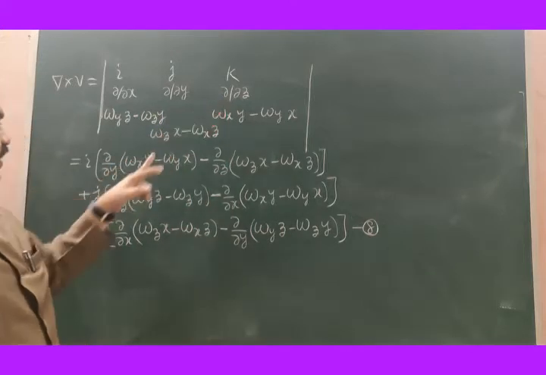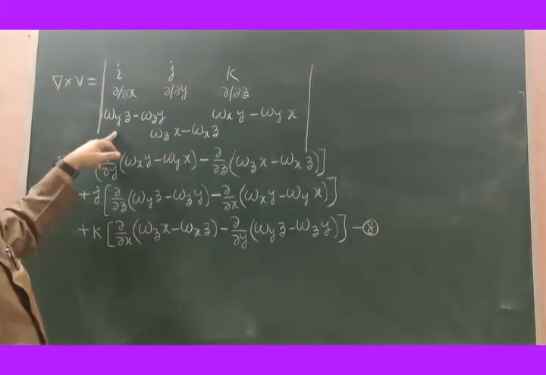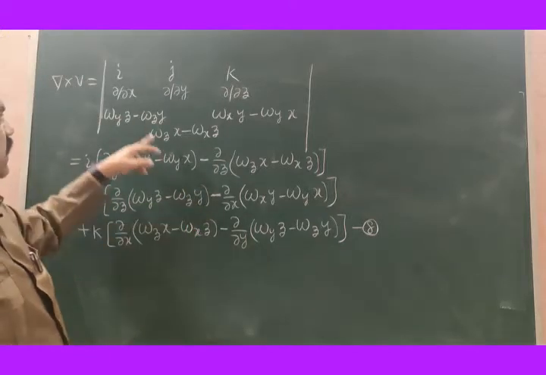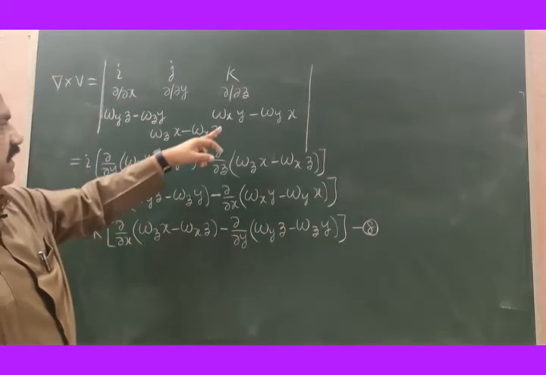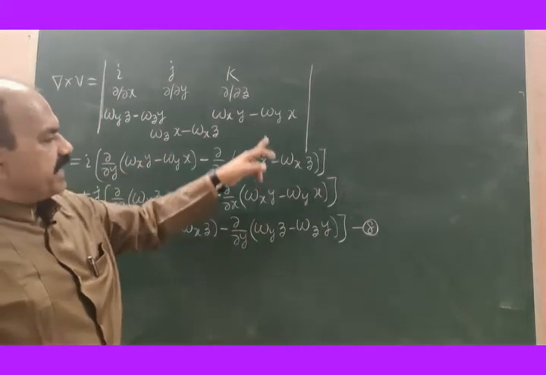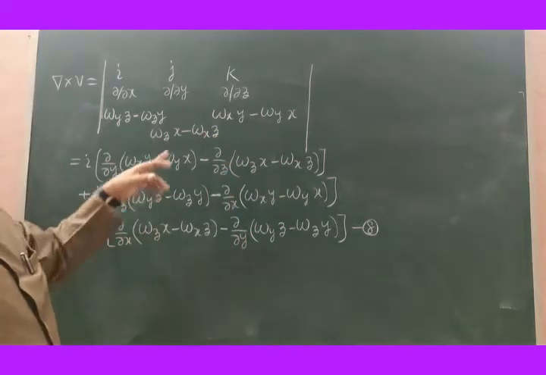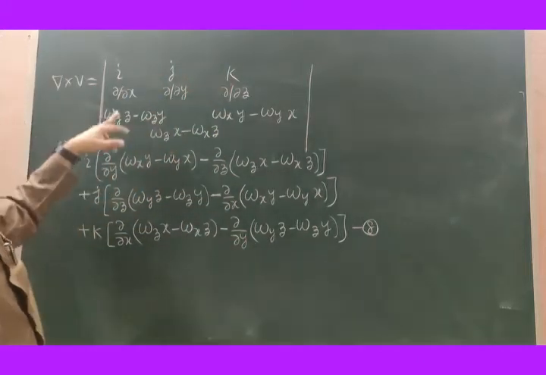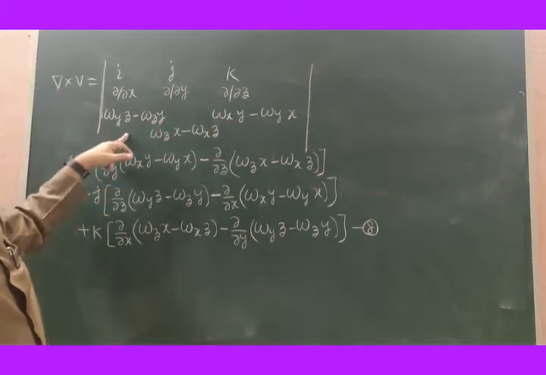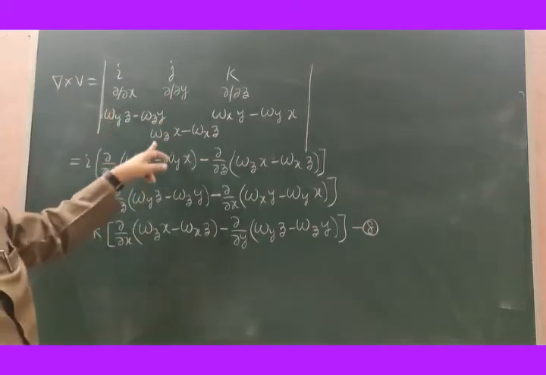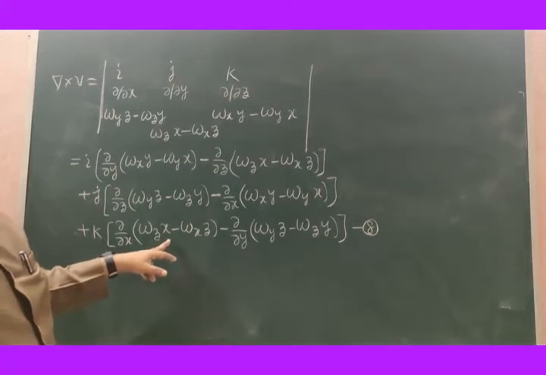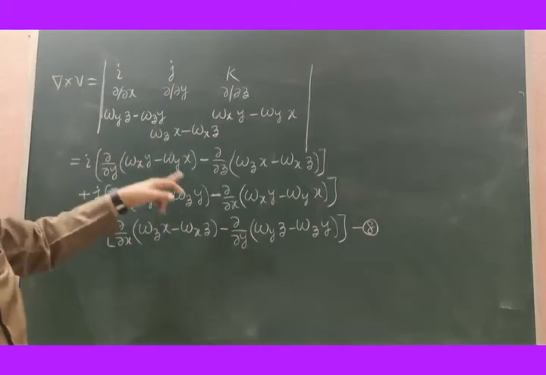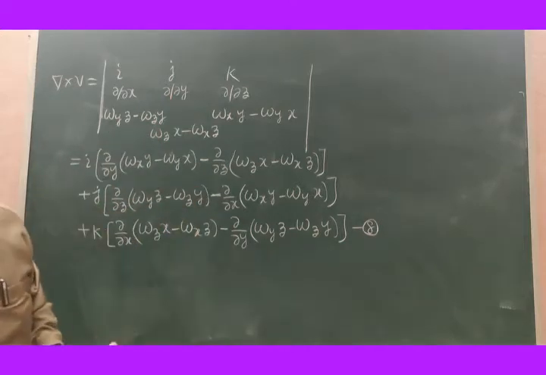So dou by dou z of this, omega y z minus omega z y, correct, minus dou by dou x of this, omega x y minus omega y x, correct, plus k times this column skipped, this row skipped, this cross product minus this cross product, dou by dou x of this one, omega z x minus omega x z, minus dou by dou y of this, omega y z minus omega z y.